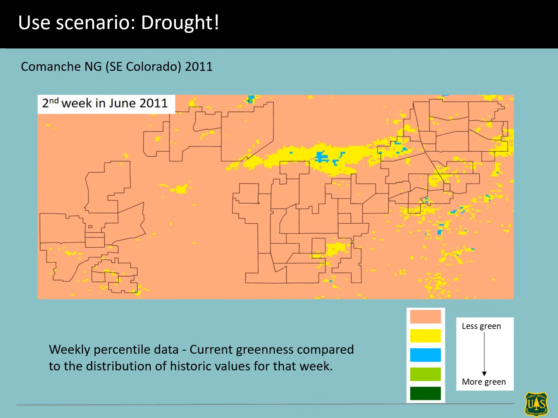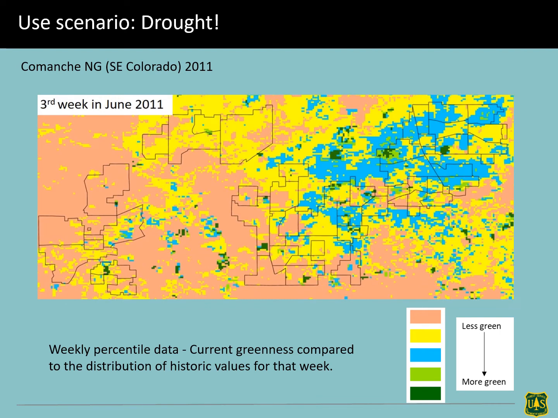The conditions continue through the second week in June, but by the third week in June, we can see that the eastern part of the national grasslands is starting to show some phenological development, starting to green up a little bit, whereas the western portion is still suppressed quite a bit, presumably due to the ongoing drought.